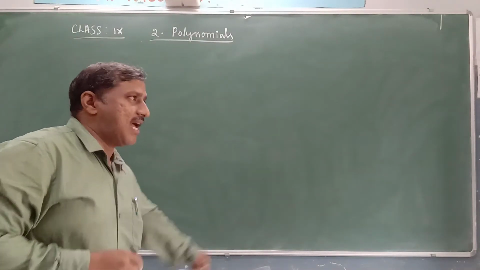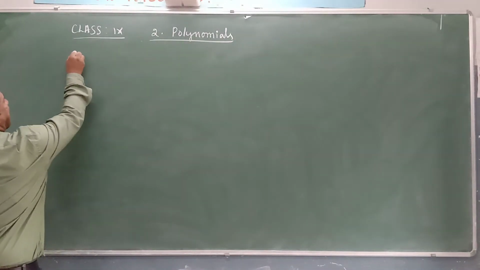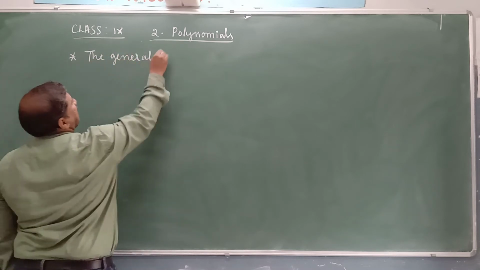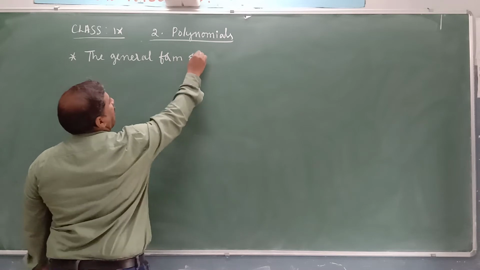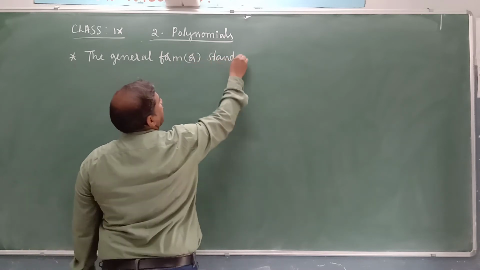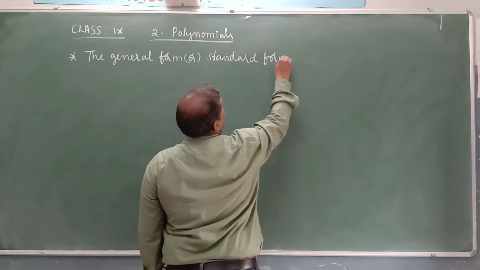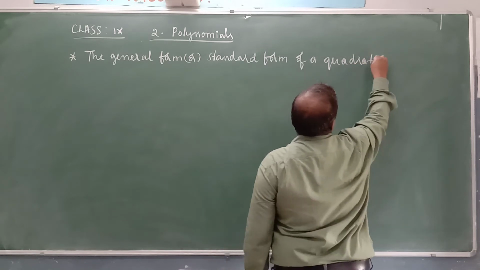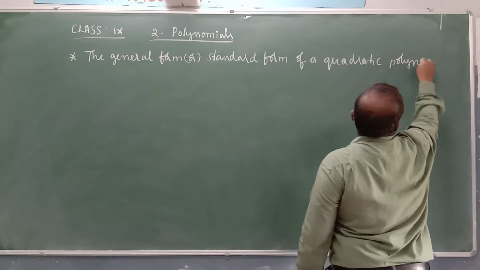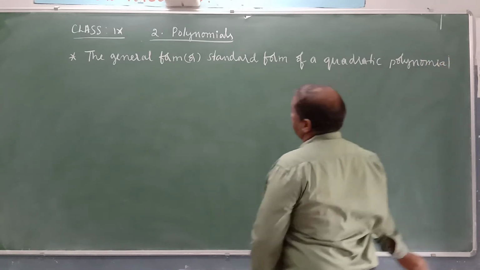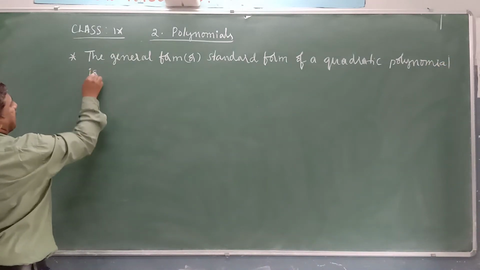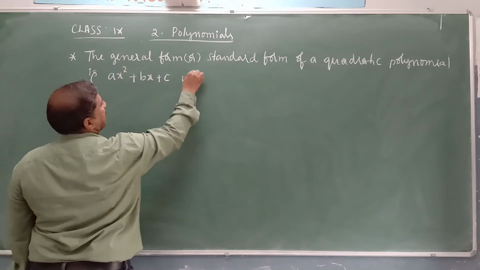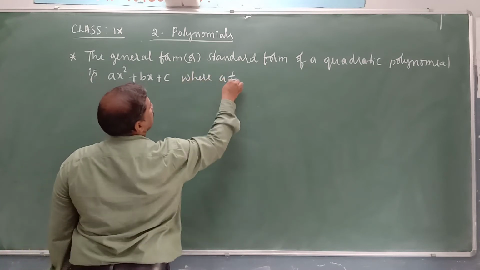Now we studied about the quadratic polynomial. Now the standard form or the general form of a quadratic polynomial is ax square plus bx plus c, where a is not equal to 0.